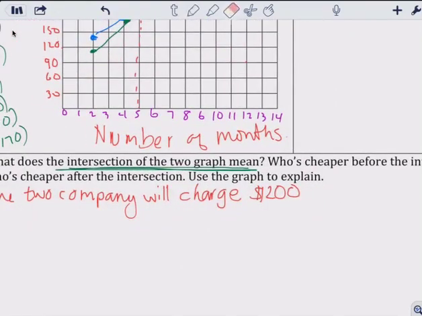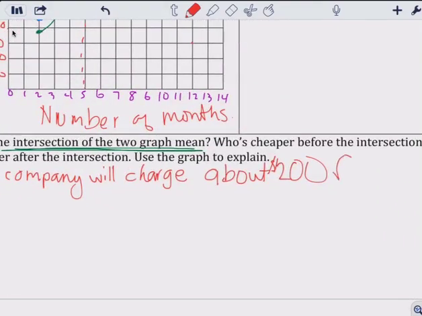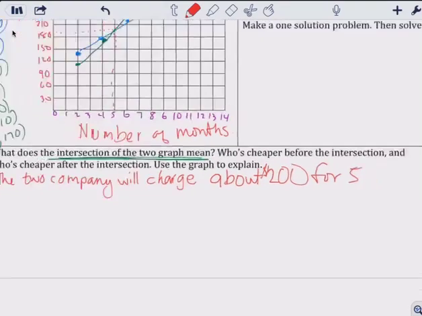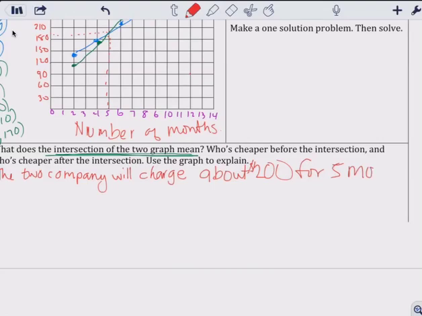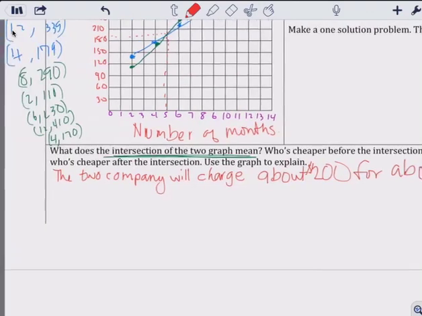We'll charge about $200 because we're rounding, for about 5 months, because it's not exactly 5 months.